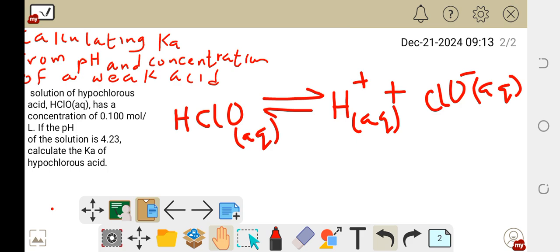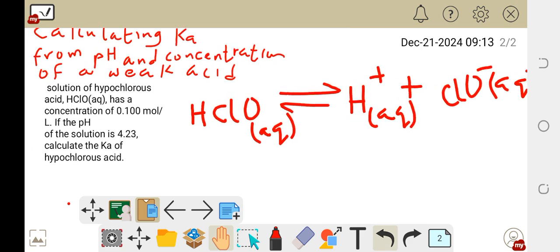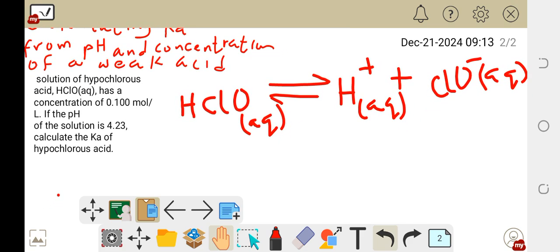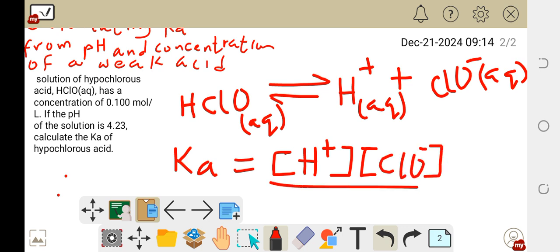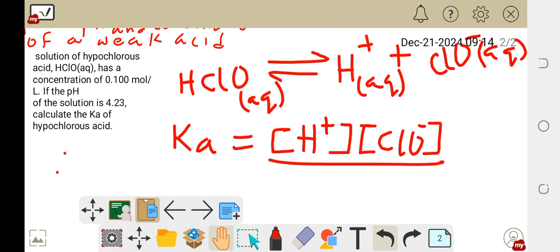Now we want to recall that the Ka expression is concentration of hydrogen ion multiplying concentration of hypochlorite ion divided by the concentration of hypochlorous acid at their equilibrium concentration.